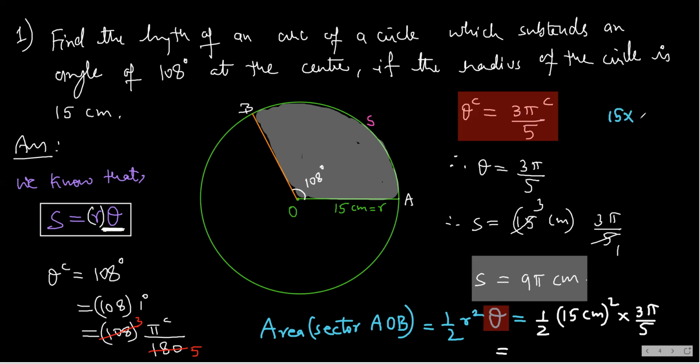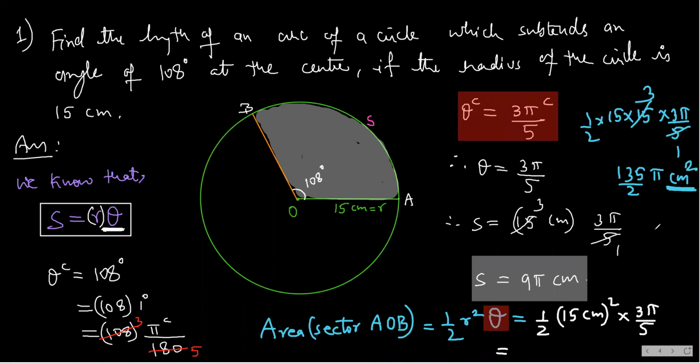So 15 into 15 into 3 pi upon 5, and here I have 1 by 2. You got that? So you got 135 pi upon 2. I'm sorry, not upon 5, it is upon 2. 135 pi upon 2 centimeter square.